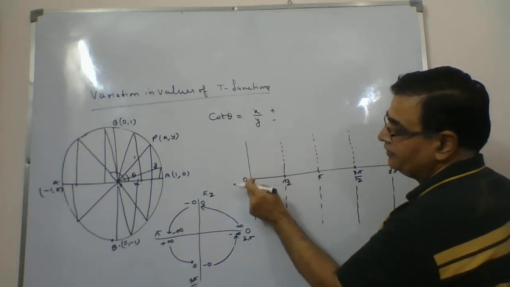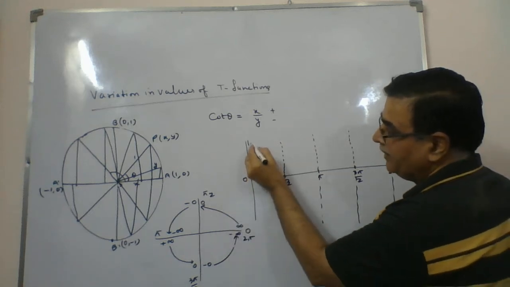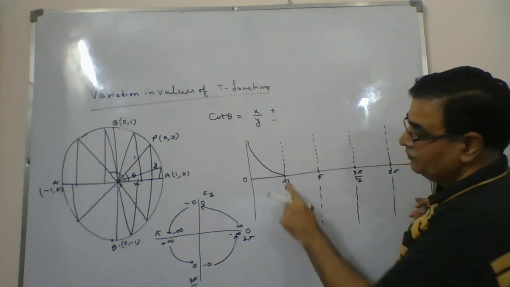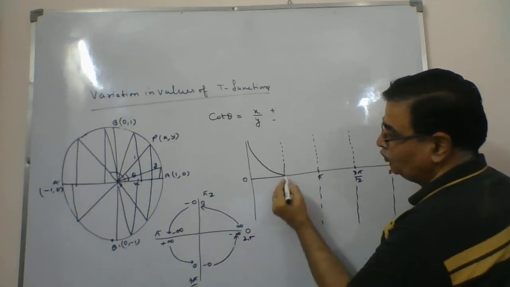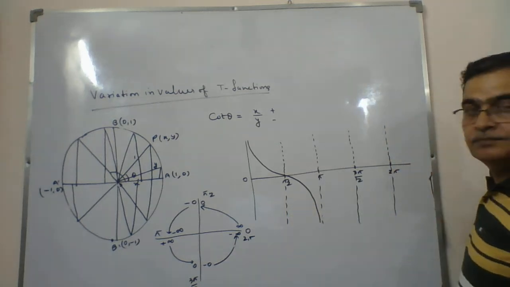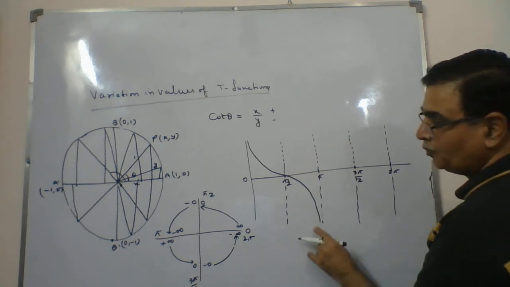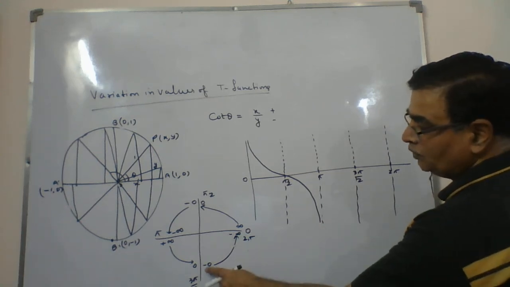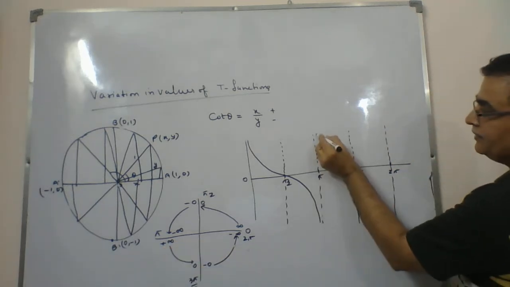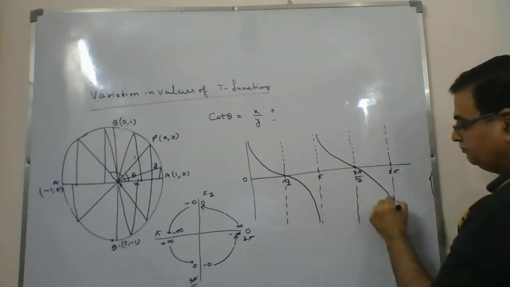At 0 it's infinity. Infinity means it will come parallel to the axis. At pi by 2 it becomes 0. Then it will start and go to minus infinity. So it will be 0 to minus infinity. Then at pi plus, this side when you take, it will go to plus infinity now and goes to 0. So plus infinity is here and it goes to 0. And then 0 to minus.